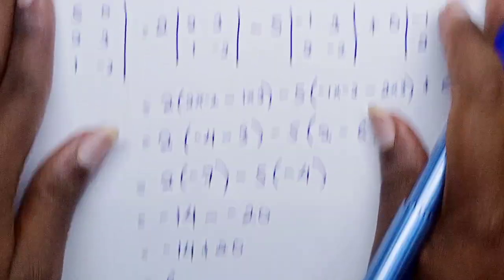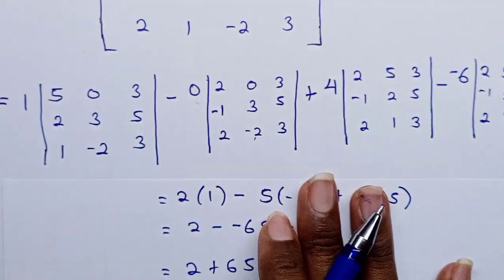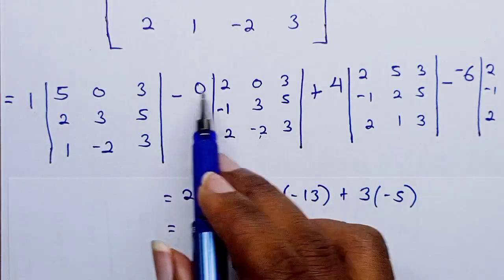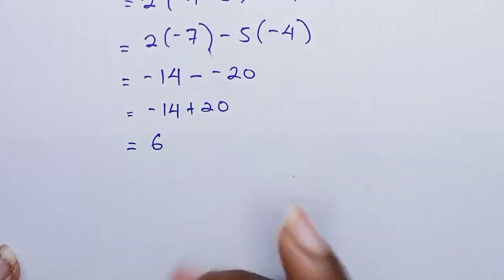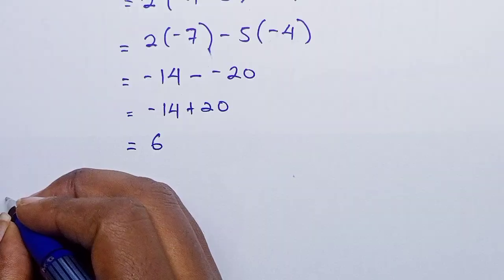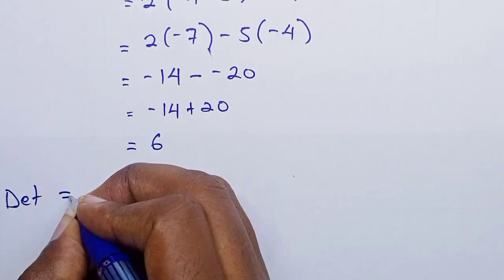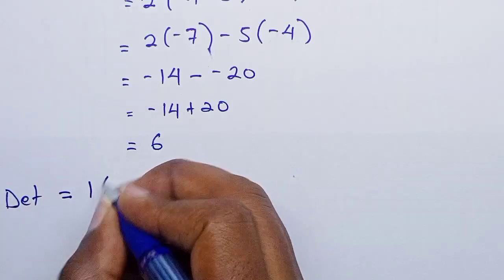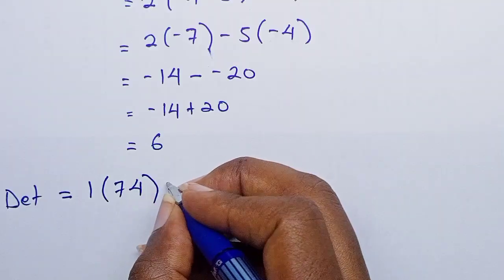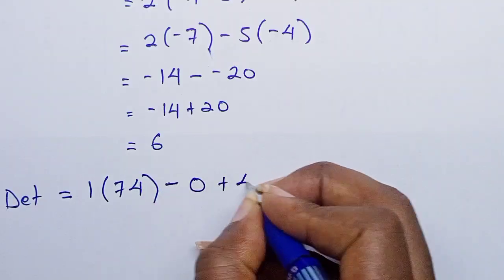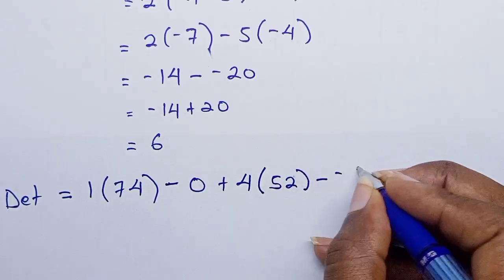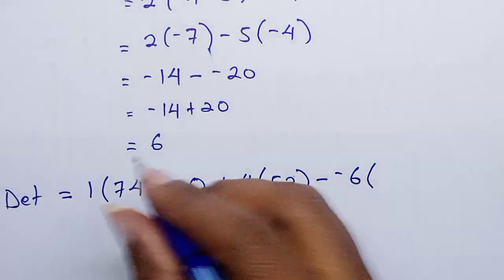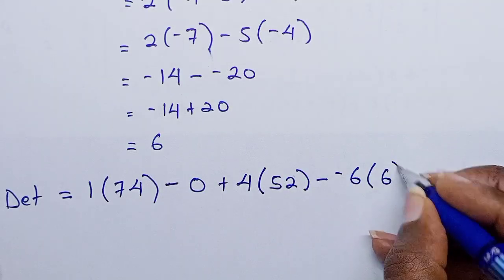So substituting these values back here: 1 times the value we've got, minus 0, plus 4 times the value we've got, minus negative 6 times the value we have got. So the determinant will be equal to 1 times the first determinant, which was 74, then minus 0, plus 4 times the second one, 52, then minus negative 6 into this last one, which is 6.